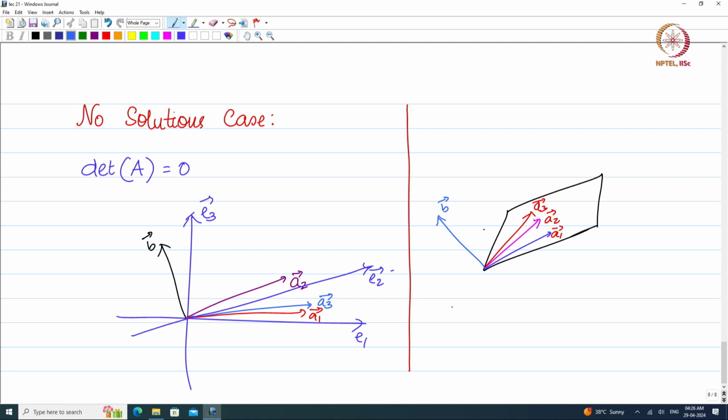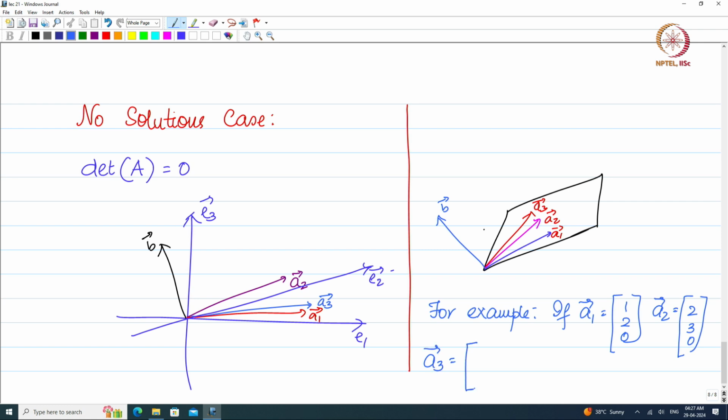For example, let us say the A1 vector is 1, 2, 0, the A2 vector is 2, 3, 0, my A3 vector is 3, 5, 0 and my B vector is 0, 0, 1.